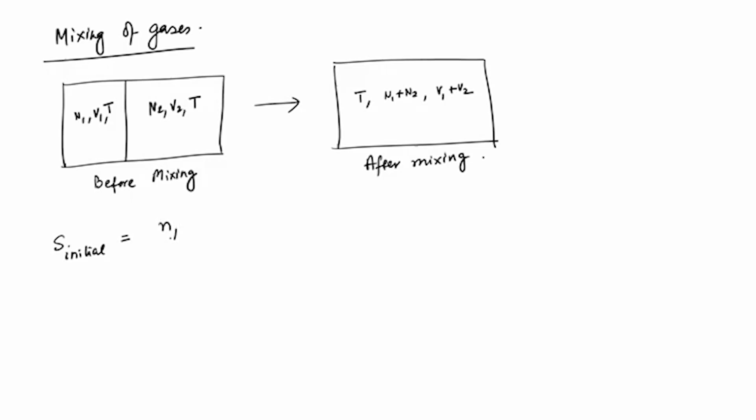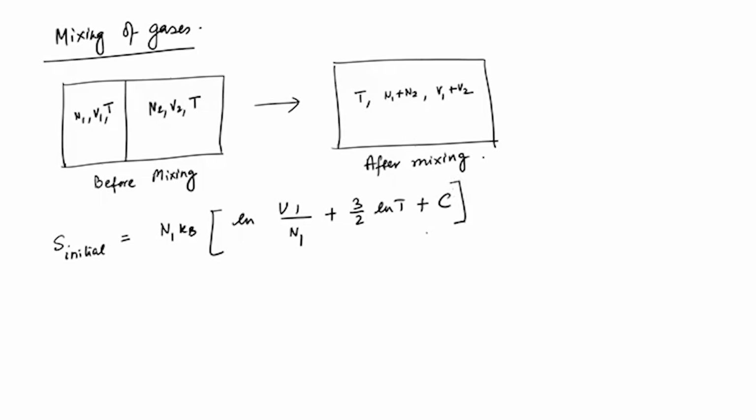N1 R. I am just using the number of moles, or you can write it as N k. So it is N1 k and log of V1 by N1 plus 3 by 2 log T. We can combine all the other constants into C. This other constant is also an important quantity in this context, because that gives you some S0, or the entropy that is independent of all these relevant parameters.